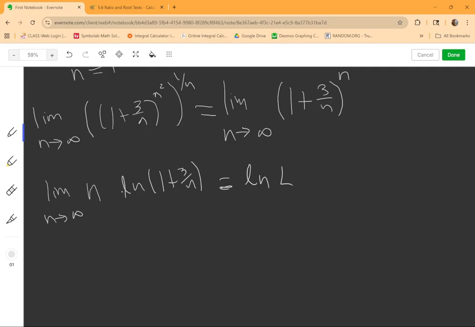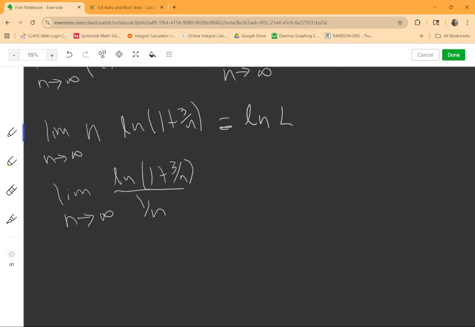Here we have infinity times 0, so I need to change it to the proper form for L'Hopital's rule by putting n as 1 over n in the denominator, and then ln of 1 plus 3 over n in the numerator. Now as n goes to infinity, the denominator goes to 0 and the numerator goes to 0, so you have 0 over 0.